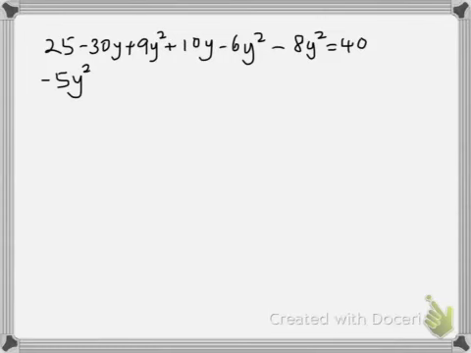Okay, and then if you look at y, you have negative 30y and then plus 10y. So it'll be minus 20y, yes? And then if you want to put the 40 to the same side, you have 25 minus 40, yes? So it'll be minus 15.